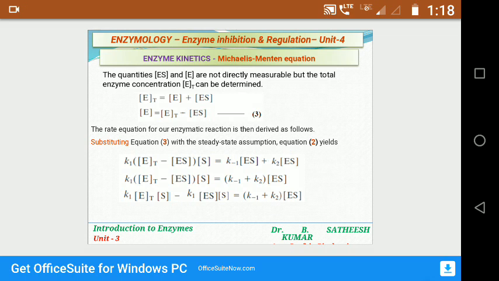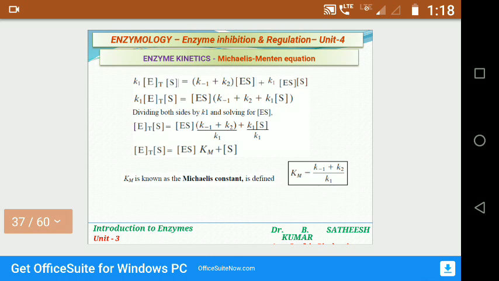We can measure the total enzyme concentration, but we cannot directly measure the free enzyme concentration and the ES, enzyme substrate complex, concentration.